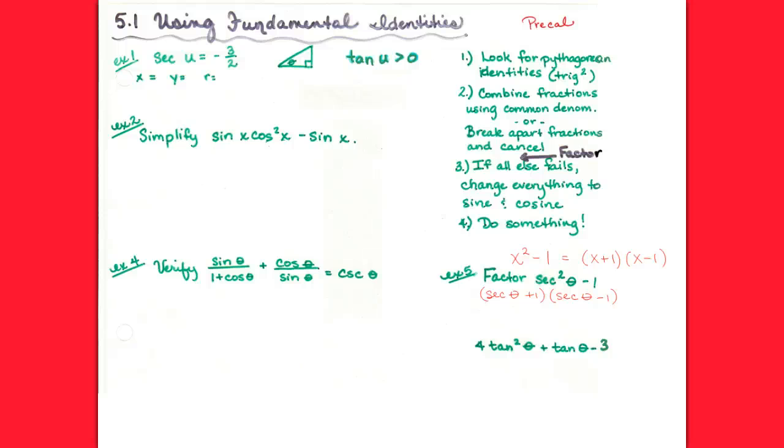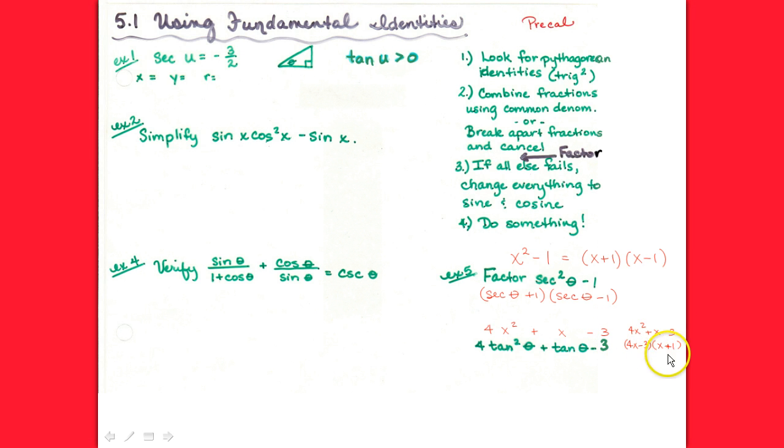Here's another one. We've got 4 tangent squared plus tangent minus 3. Our goal is to get to the point that we can just look at that and factor it. But if we can't right now, there's nothing wrong with replacing tangent theta with a variable. So that would give me, instead of 4 tangent squared, I'd have 4x squared, then plus x minus 3. All right, so we know how to factor 4x squared plus x minus 3.